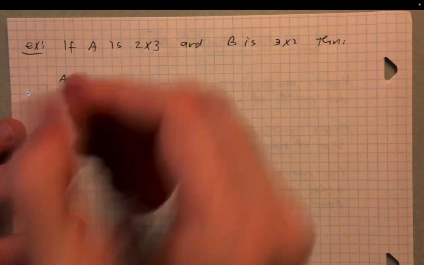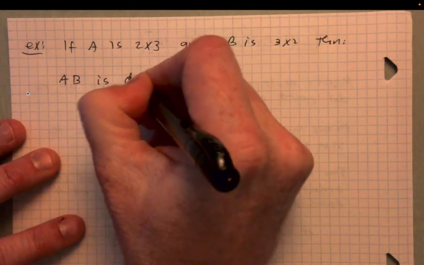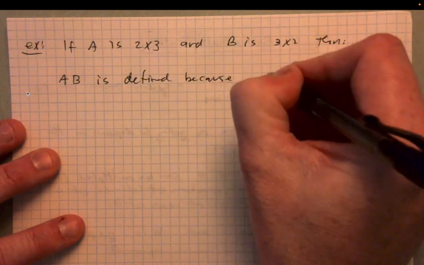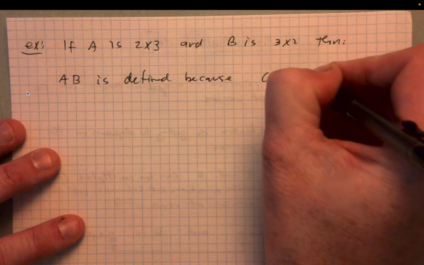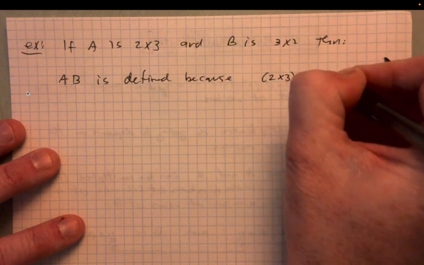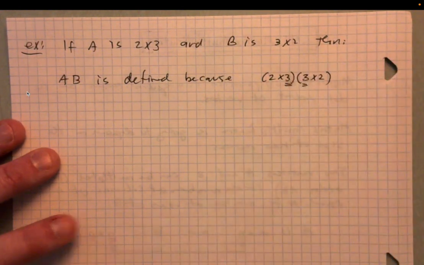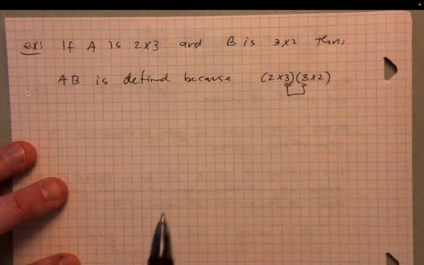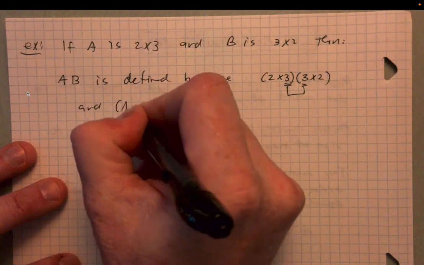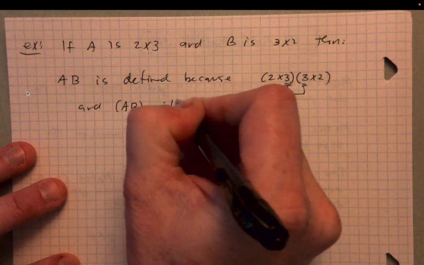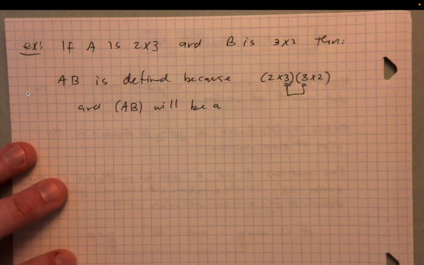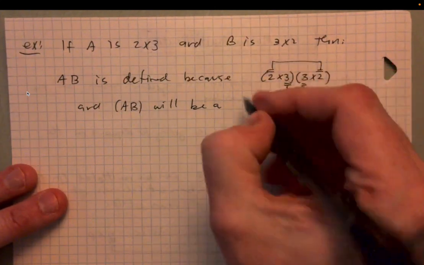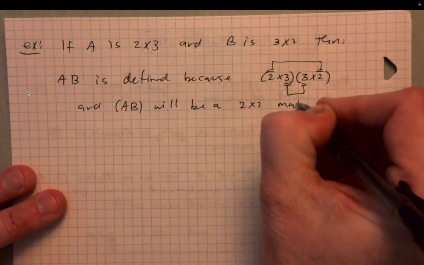A times B is defined because you have a 2 by 3 multiplied with a 3 by 2. Here they agree, these are equal. And AB will be what size matrix? Remember, that's the outside numbers. It'll be a 2 by 2 matrix.